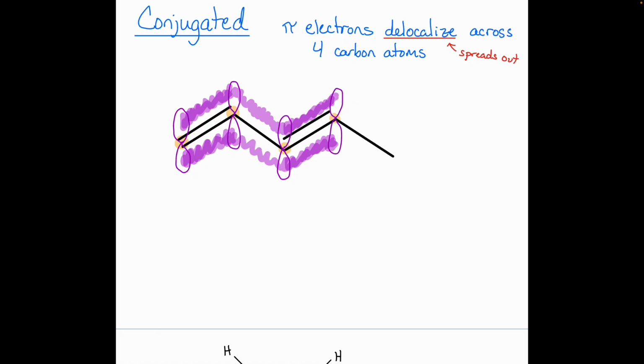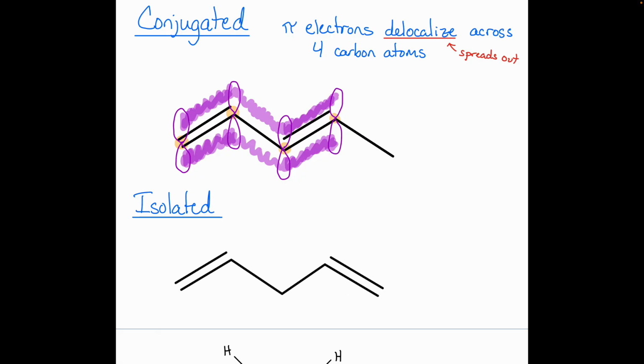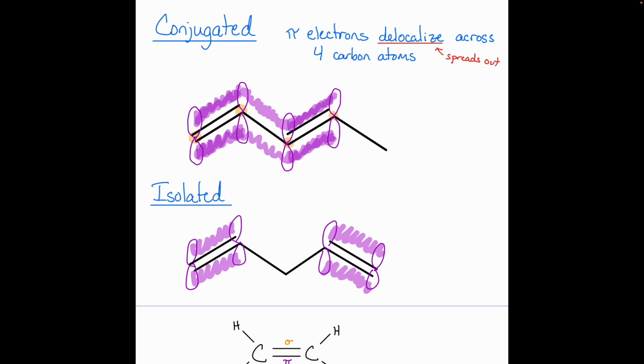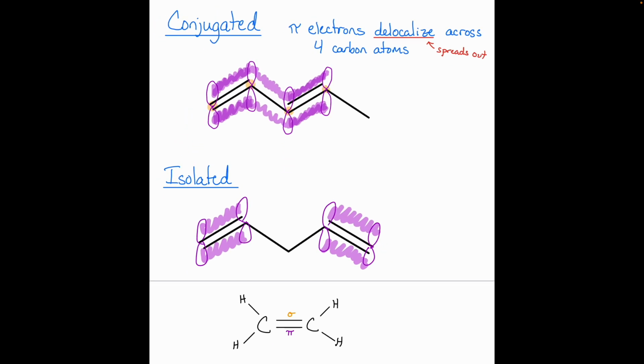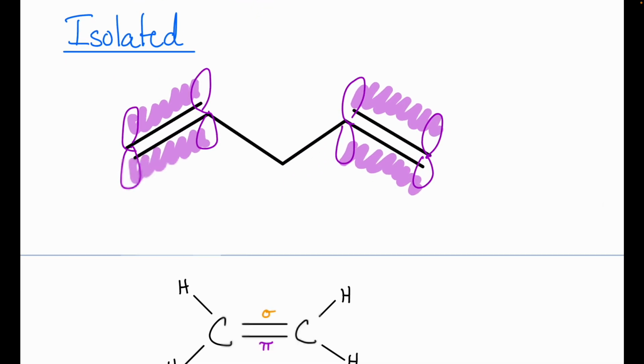All right, if we look instead at our isolated dienes, each of these pi bonds has that p orbital sticking out above and below, and it has those electrons that are overlapping to form that pi bond. All right, but these cannot talk to one another because they've got this carbon in the middle messing everything up.